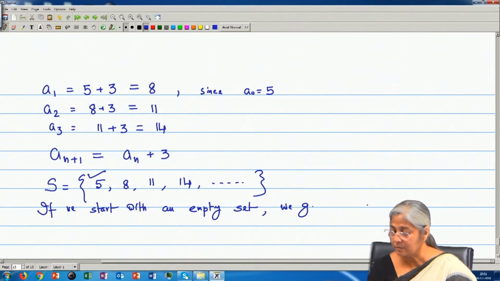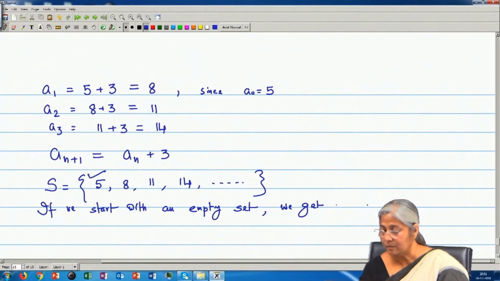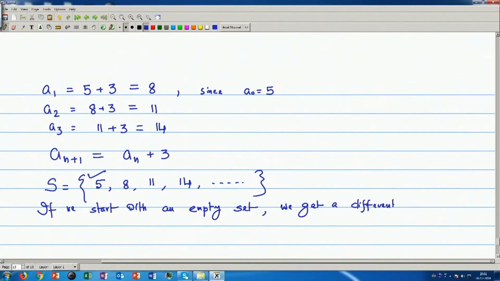We get a different set of elements if a different recursive rule we use.